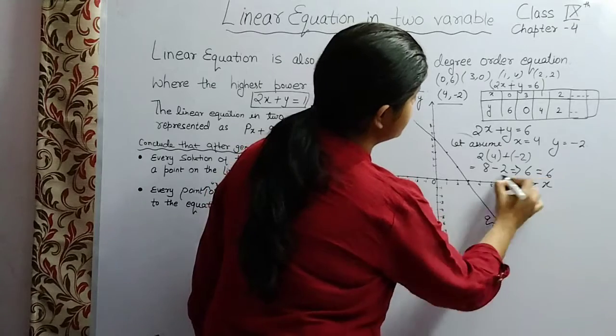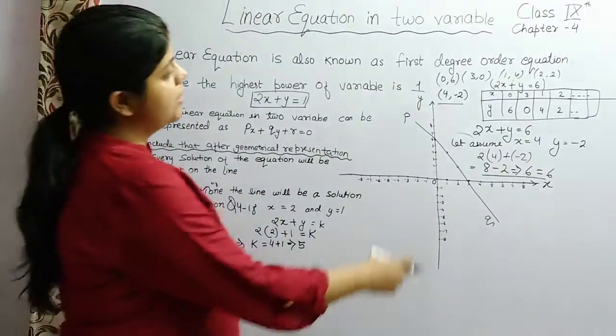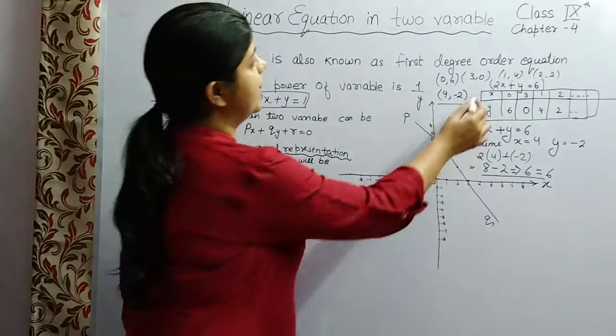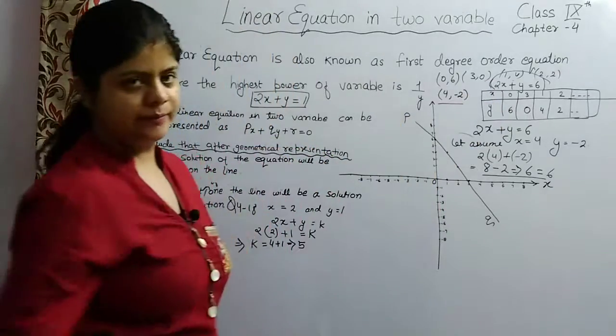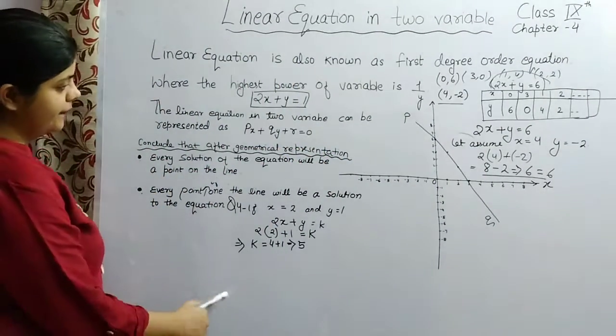Six is equal to 6. It means that all points which lie on this line satisfy this equation. We conclude this. You can note this.